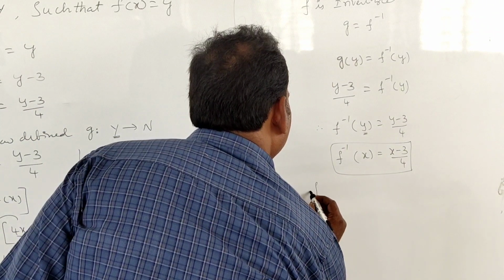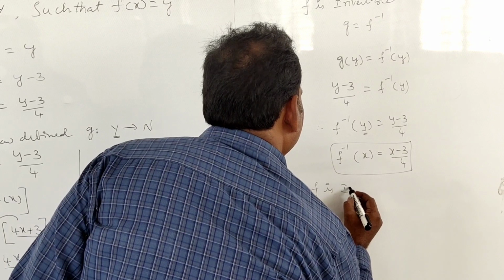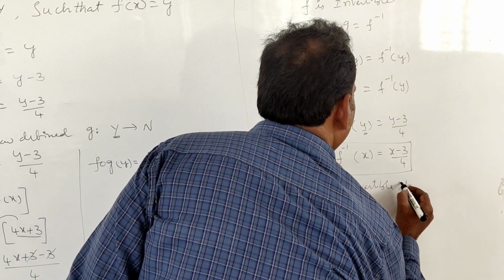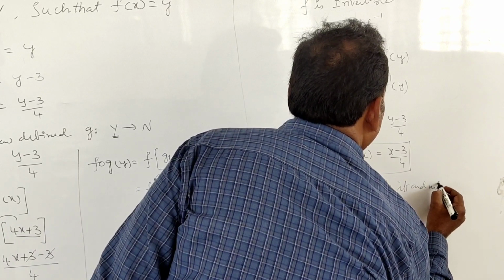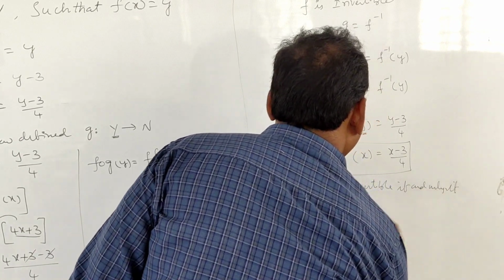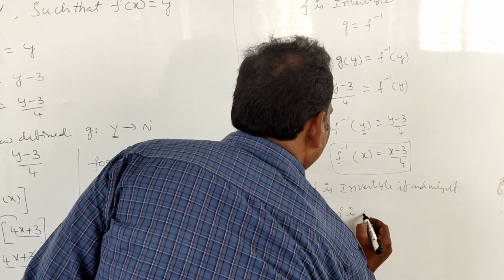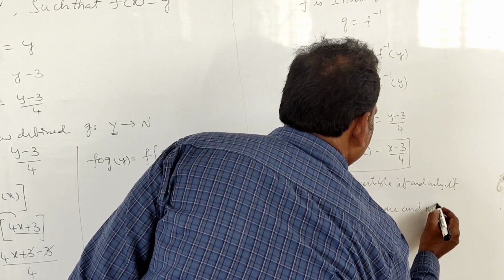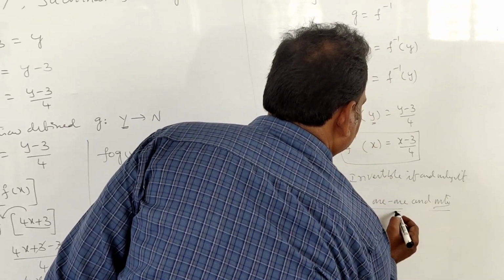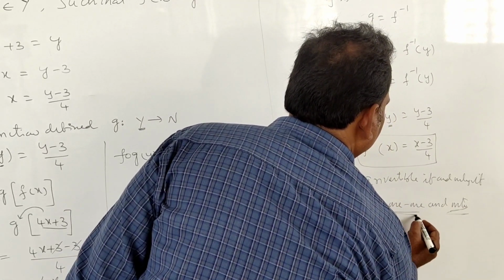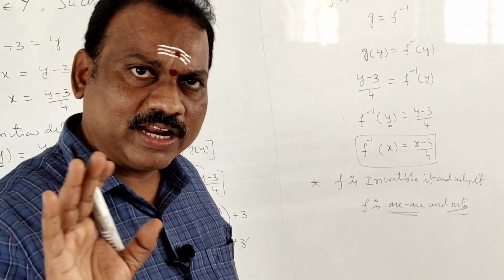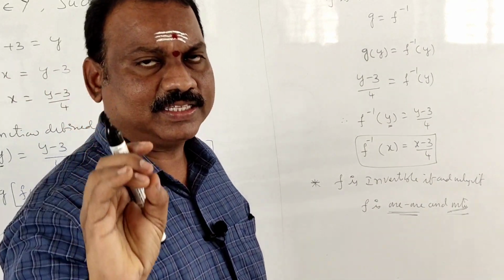F is invertible if and only if f is 1 1 and onto. That means f function can satisfy 1 1 function and onto function, then only it is an invertible function, then only inverse exists.